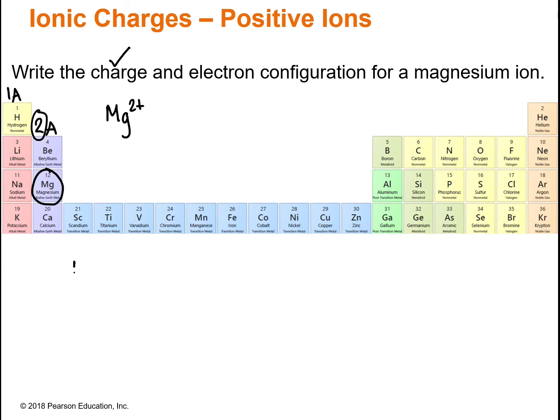So let's start with a neutral atom of magnesium. That electron configuration, if you walk across the periodic table, you do 1s2, 2s2, 2p6, 3s2.